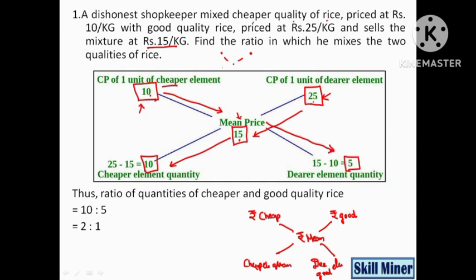Okay, the question asks: find the ratio in which he mixes the two qualities of rice. The ratio will be 10 is to 5, which is equal to 2 is to 1. This is the required ratio. In the ratio 2 is to 1, he is mixing the two rice. Okay, that is the answer.